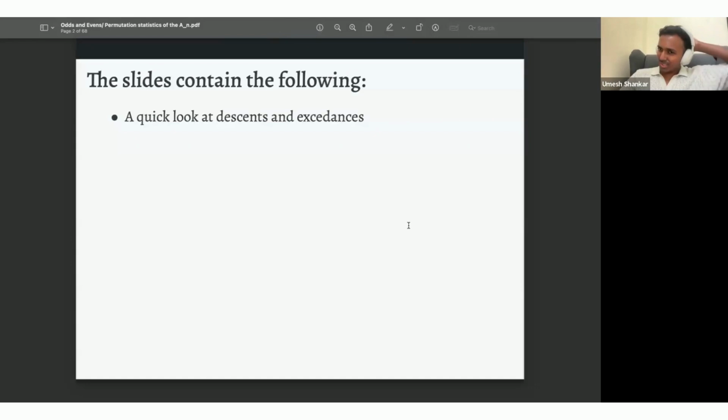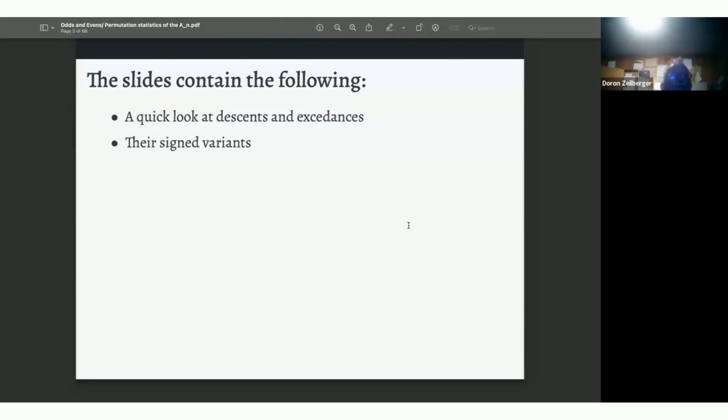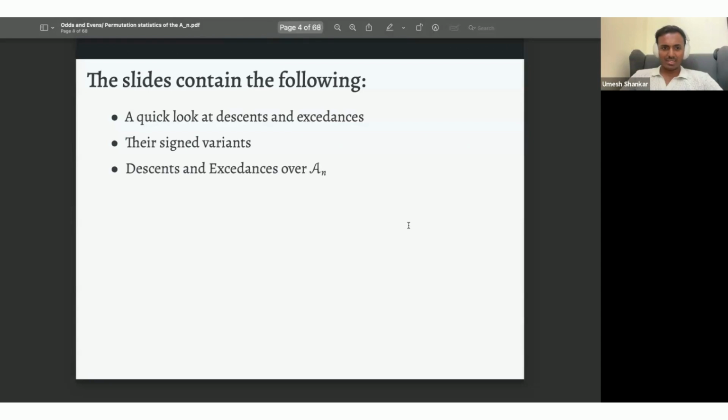Let me start out by how I want to do this talk. First, I'll give a brief overview of the typical permutation statistics we will be looking at. Then I will discuss what are called signed variants of these permutation statistics.